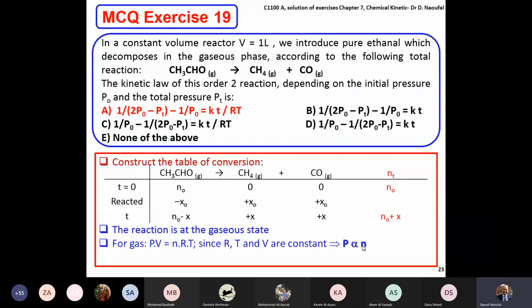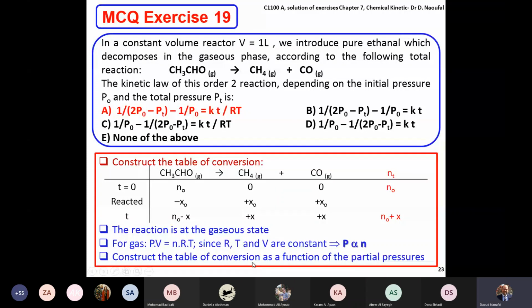If the volume in the exercise is constant, you can transform n to the concentration. If the volume and the temperature are constant, you can transform the table of conversion according to n to the table according to the pressure P.